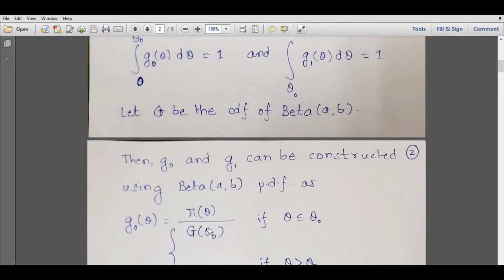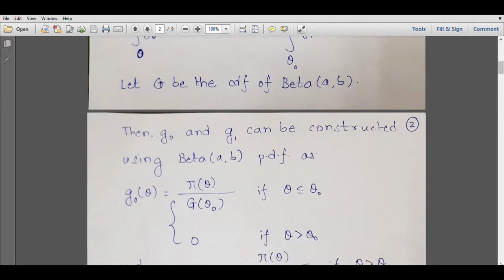Earlier the range was 0 to 1; now we have truncated it and fixed it to the interval 0 to theta naught. So G naught theta is this for theta in that interval, otherwise it is 0. Notice that if you integrate G naught theta over the range 0 to theta naught, the integral will be 1. So the condition is fulfilled.